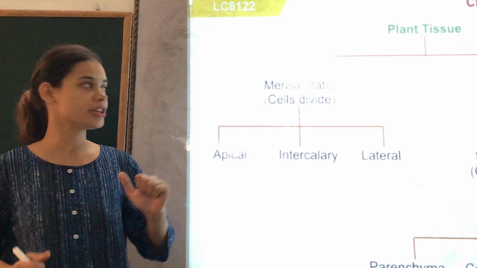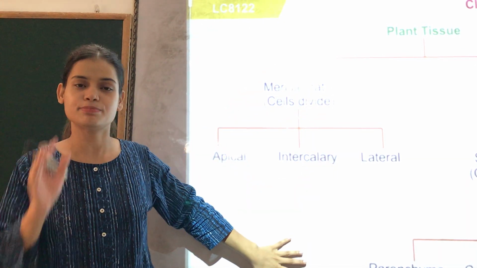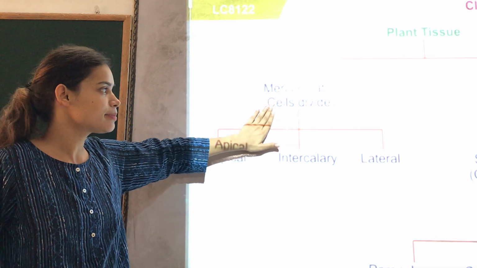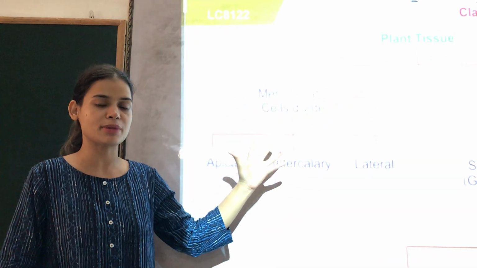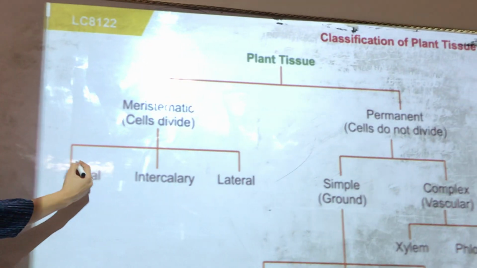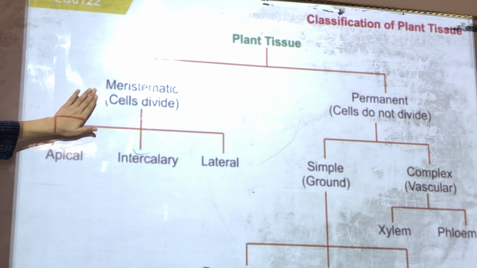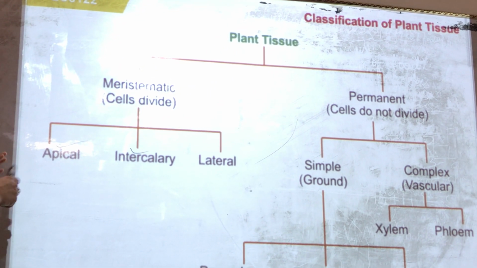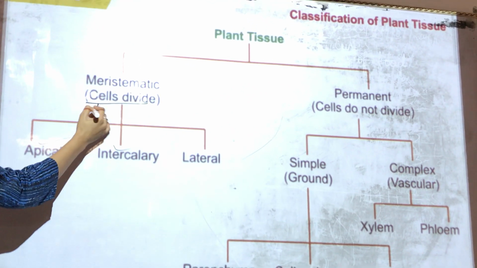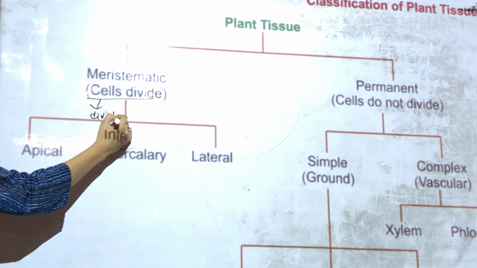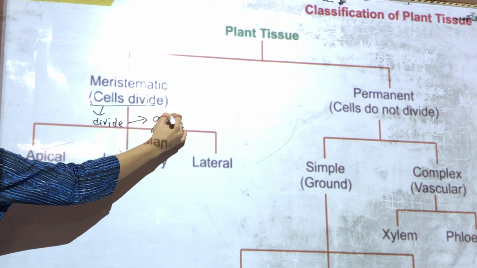If you remember children, we have broadly categorized plant tissues into meristematic tissue and permanent tissue. We have already seen what are meristematic tissues. They are basically apical, intercalary and lateral. Meristematic tissues are basically the dividing cells. They divide and they help in the growth.